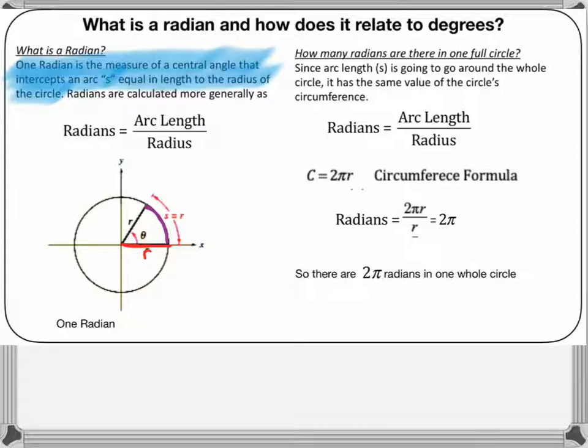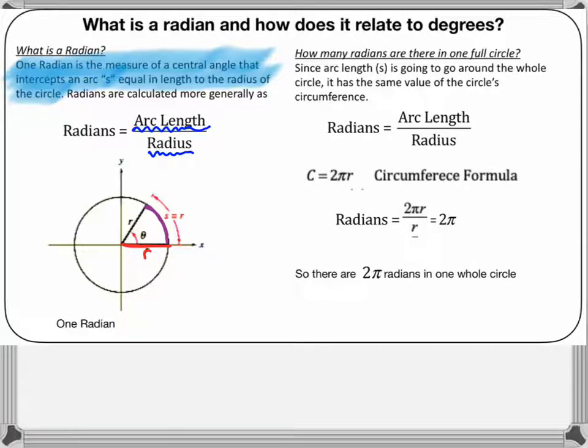So radians is measured as an arc length, the crust of a pizza or pie, divided by the length of the radius. This brings us to how many radians there are in one full circle.